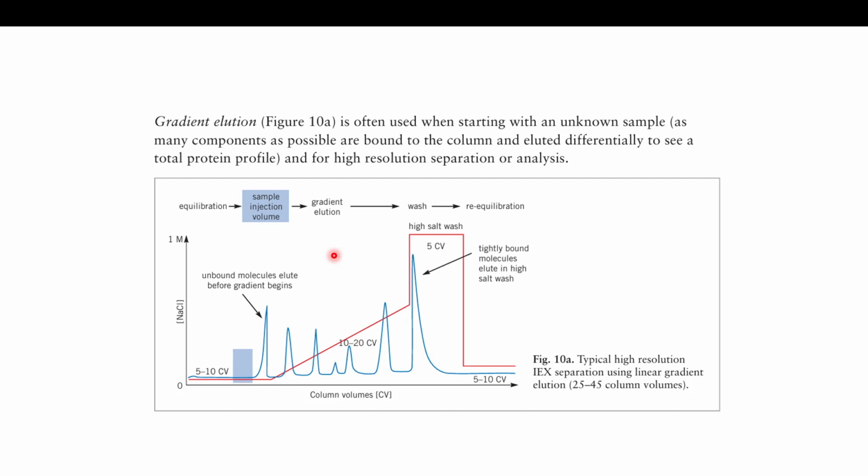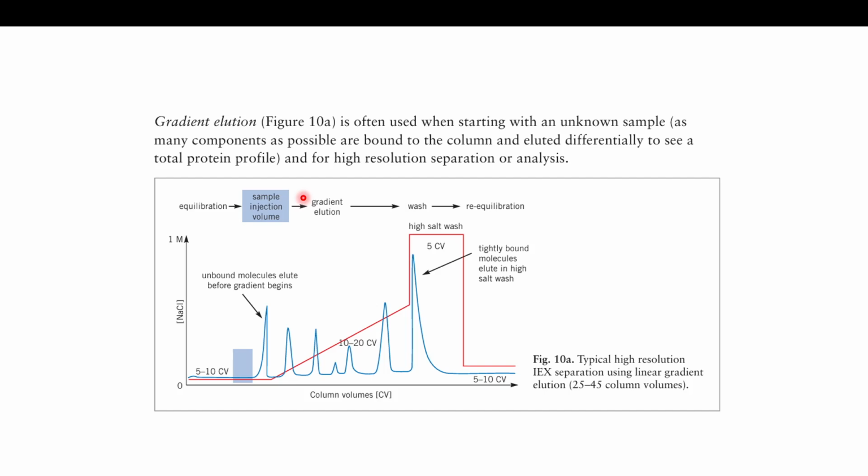So that has to be optimized, and it is different for each type of protein of interest or your molecule of interest. But what actually happens here during gradient elution is this is the initial step where you are optimizing the purification of your sample of interest.